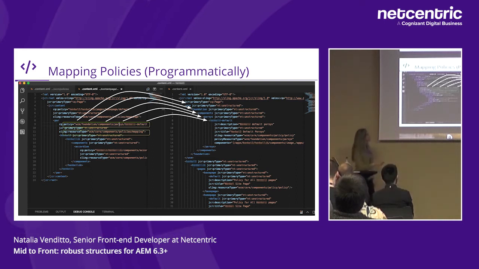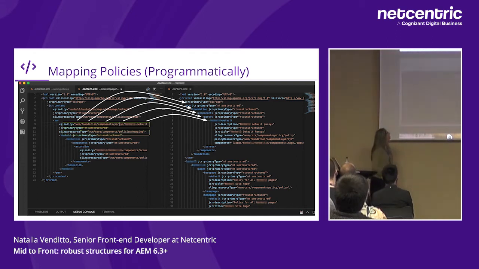Well, this is my global policy. It's in the global folder. So then in, for example, the content page, instead of defining all this again, I just say, okay, my parsys has a policy that maps to this, and the resource type of this is policies mapping.